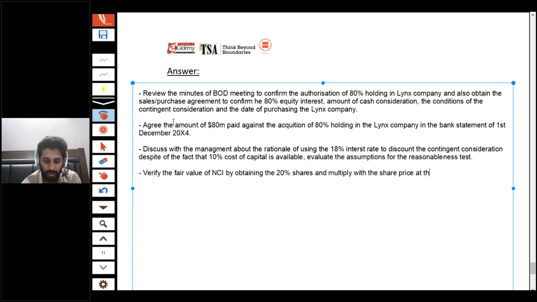Obtain the share price from the stock market rates, from the historical stock market rates. 1, 2, 3, 4. I had written down 4 procedures.